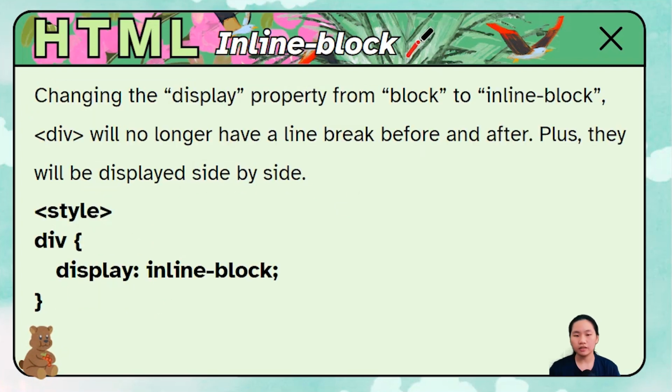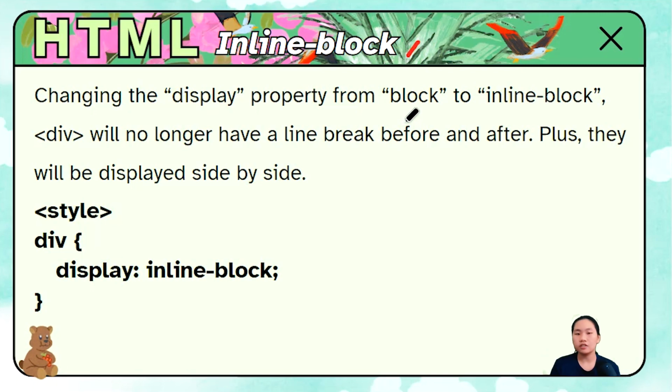First, with inline block. Inline block is a display property. Divs are block elements, and if you remember from my previous lesson, block elements take up the whole space, left to right, and they position themselves as a column, top to bottom.